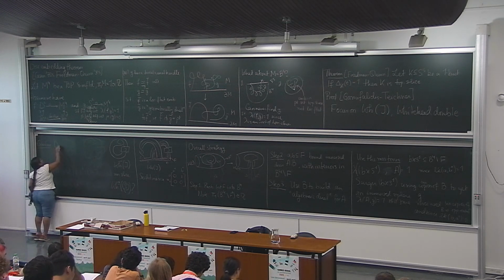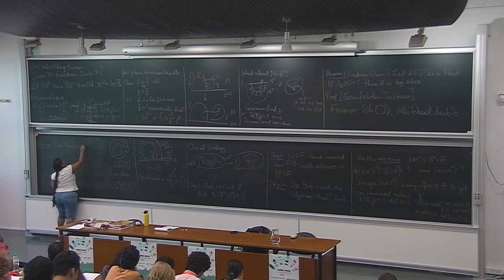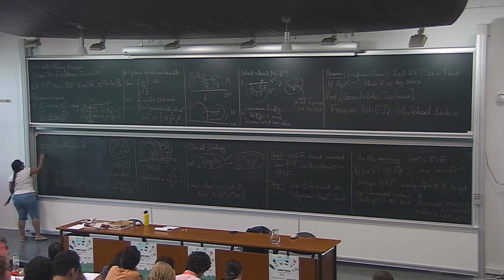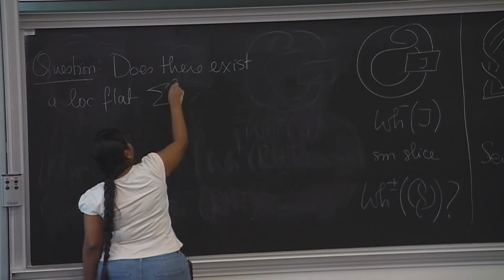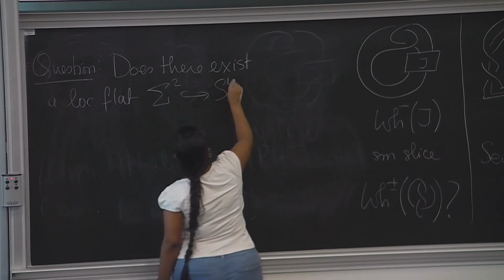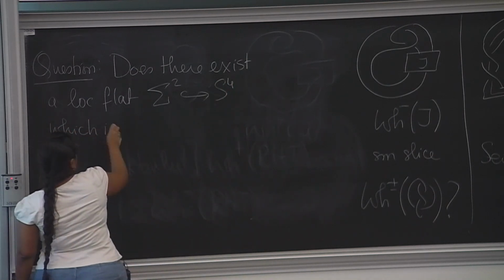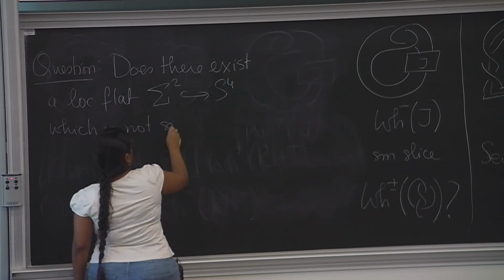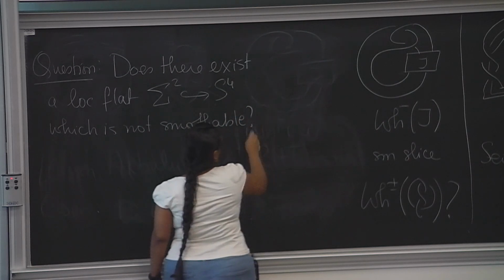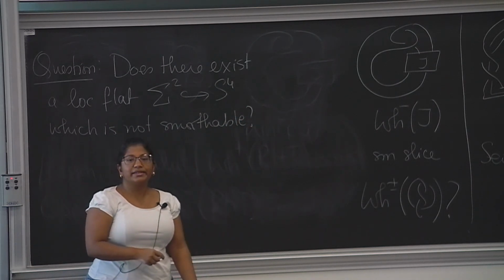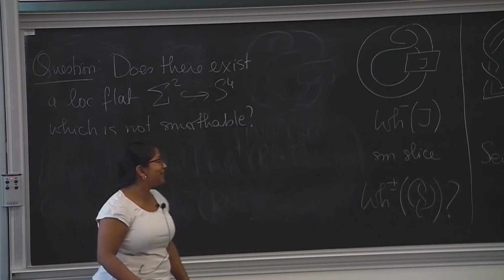Does there exist a locally flat surface embedded in S4 which is not smoothable? And we know nothing about this at all, which is wild to me.